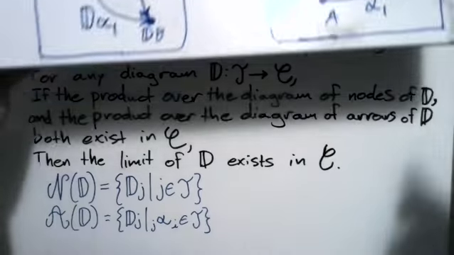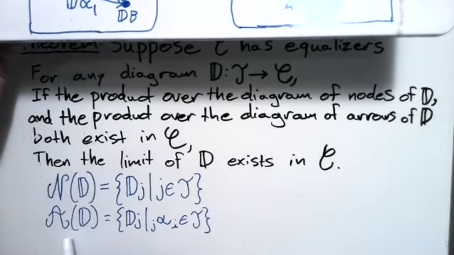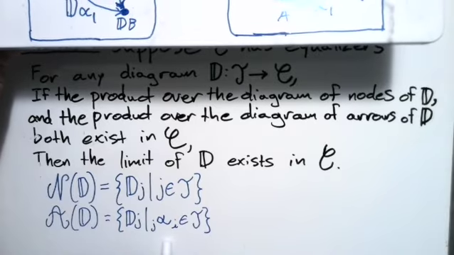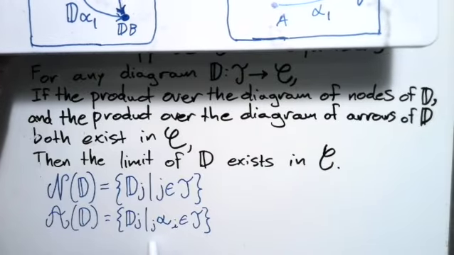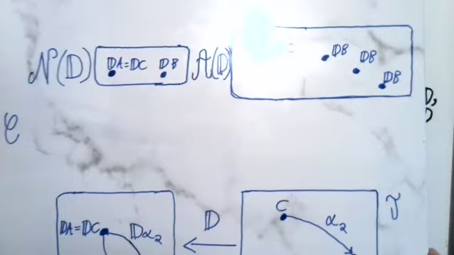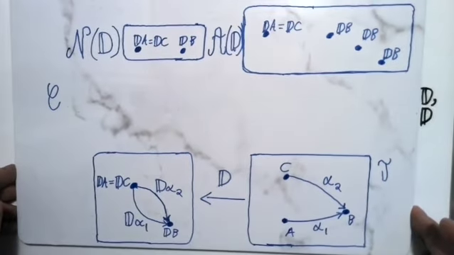That's how we defined the diagram of arrows here. We need to have one copy of the object for every morphism where that object is the codomain for the morphism. And so that's what we have here.